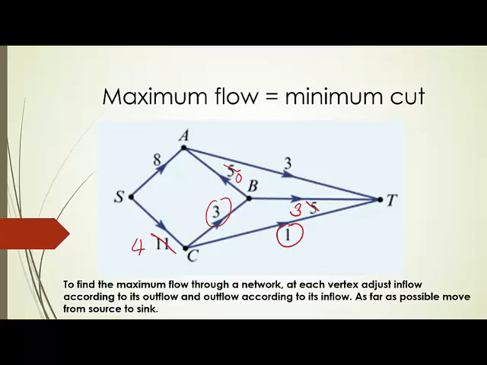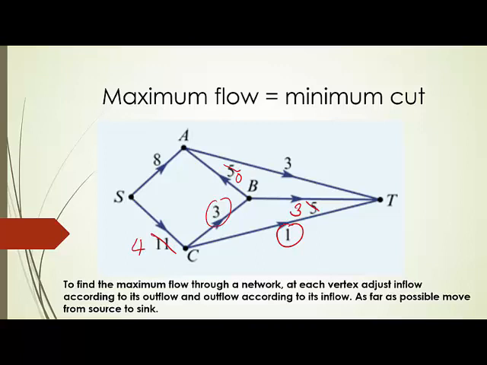Another step, I'm looking at B now. We've got 3 going in and 5 going out towards A and T. Now if there's only 3 going in, those numbers have to be reduced to a total of 3. It doesn't matter whether you do 0, 3 or 3, 0 or 1 and 2 or anything else you like. As long as the inflow equals the outflow, it'll all work out in the end.